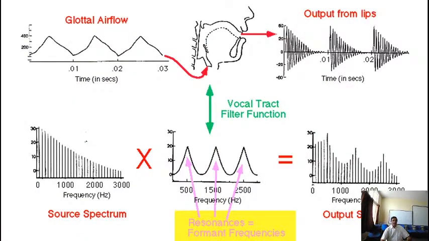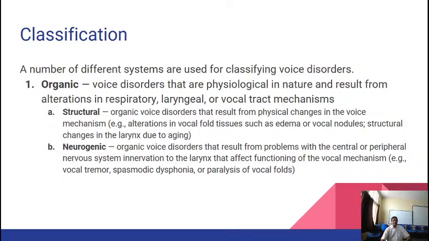So these are the studies that have been done, and the classification of the disorders of the voice is usually as follows. Organic, wherein there is a structural change of the vocal cords, either because of edema, nodules, or changes because of aging.